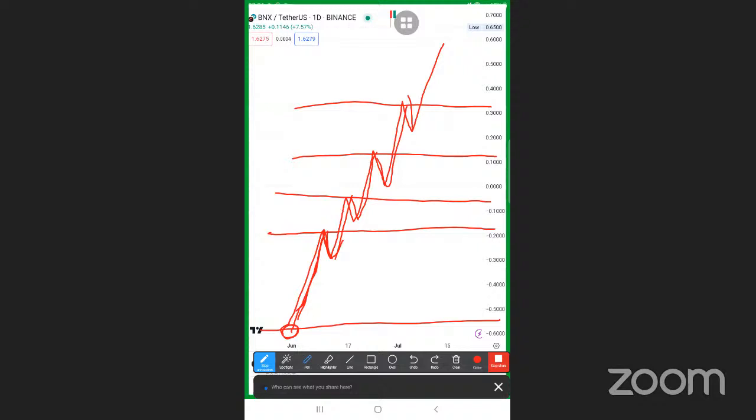So the first move when the market is going up, before it comes down, is called an impulsive move. When the market is trending upward, it makes two moves. So the going up of the market before it retraces is called impulsive.